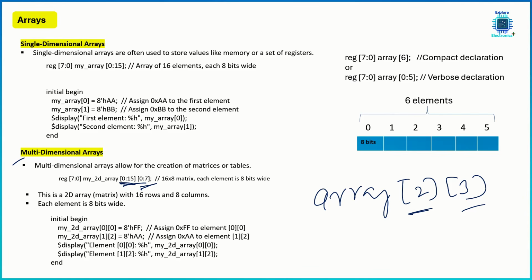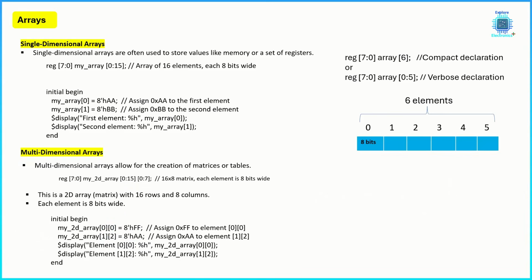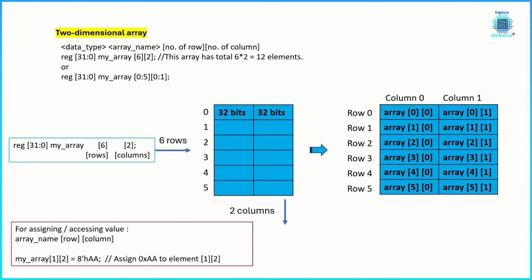How we are going to access this means by putting the 2 indices of the row as well as column. First row, second column, and the value. 0th row, 0th column, and the value. This is what the multi-dimensional array is in Verilog. You can see here the 2-dimensional array can be represented like this. Suppose reg 31 down to 0, my array 6 to 2.